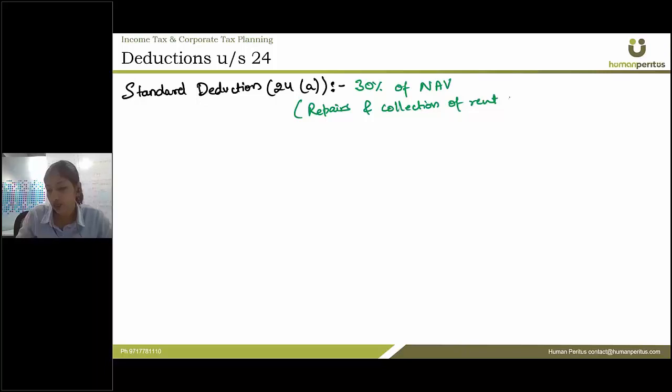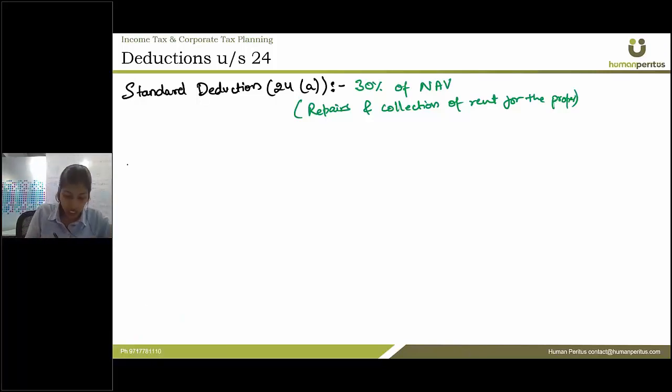In that case, 30% of NAV will be reduced as standard deduction.